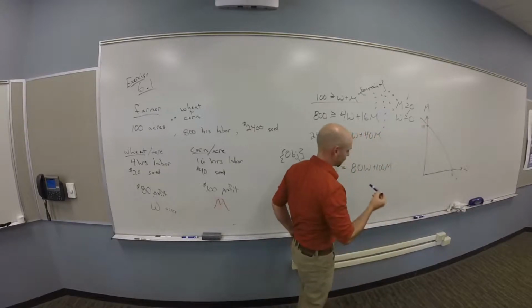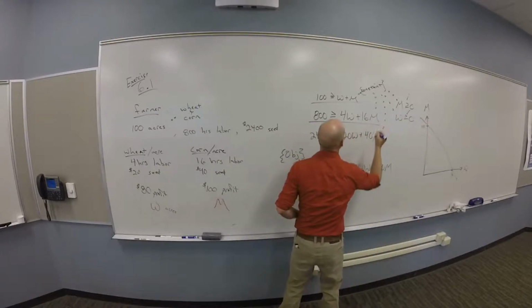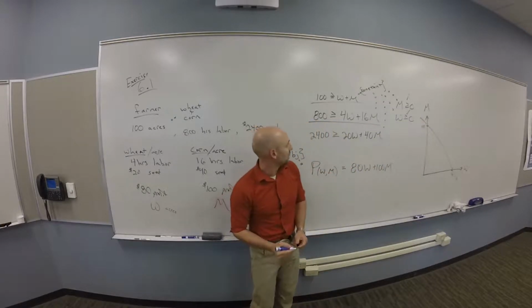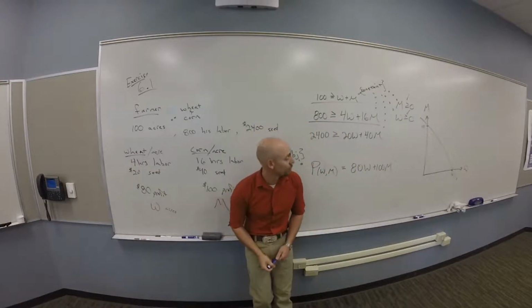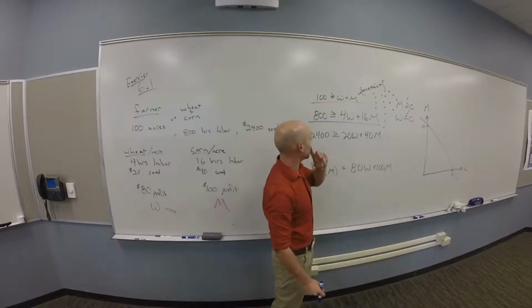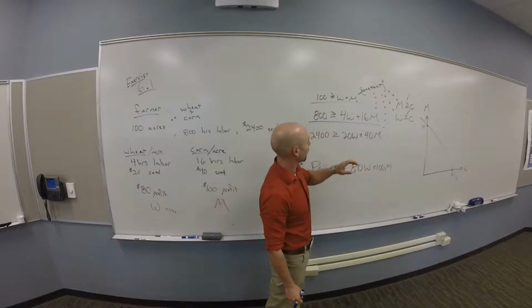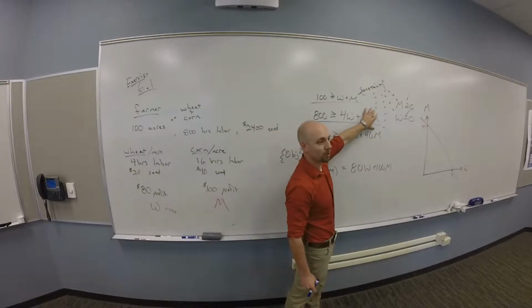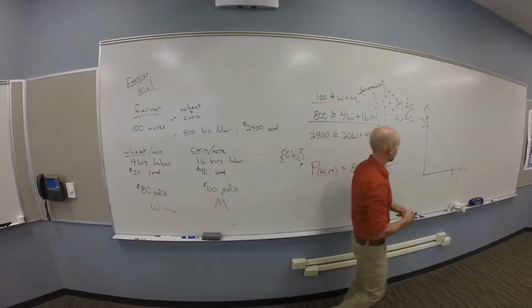Next color. Blue. All right, so what was this? 800 is bigger than 4M plus 16W. What constraint was that? That was the labor constraint. Okay, so let me see. If I spent all my time planting wheat, if I drop the corn out of this, 200, 0. I get out to 200 in the wheat direction, 0 in the corn.